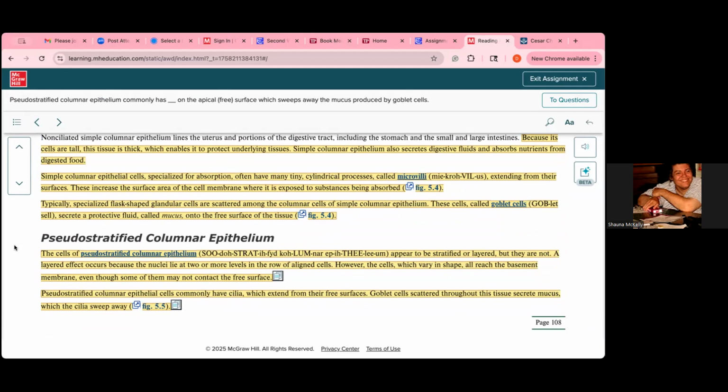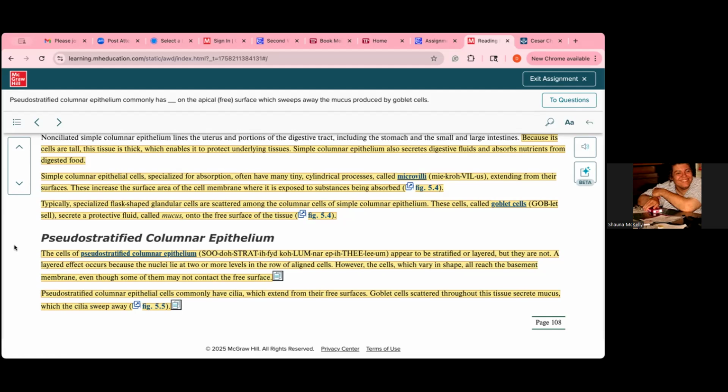A layered effect occurs because the nuclei lie at two or more levels of the row of aligned cells. However, the cells, which vary in shape, all reach the basement membrane, even though some of them may not contact the free surface. Pseudostratified columnar epithelial cells commonly have cilia, which extend from their free surfaces.